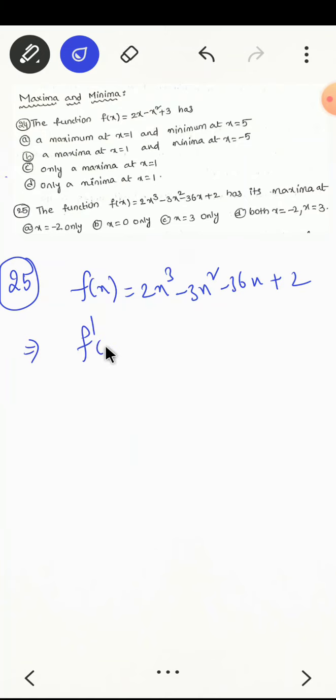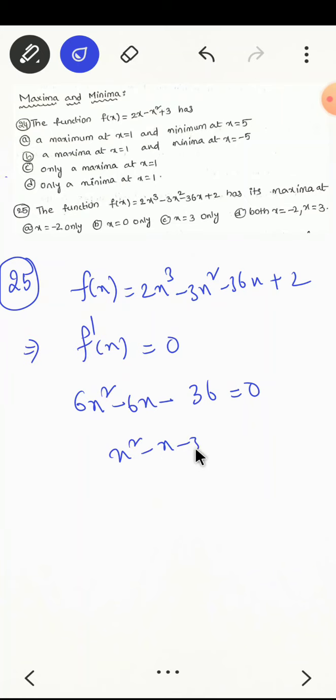First find f dash of x and equate it to 0. f dash of x will be 6x square minus 6x minus 36, equate it to 0. x square minus x minus 6 equal to 0. If you solve this quadratic equation, you will get minus 2 and 3 as the roots.